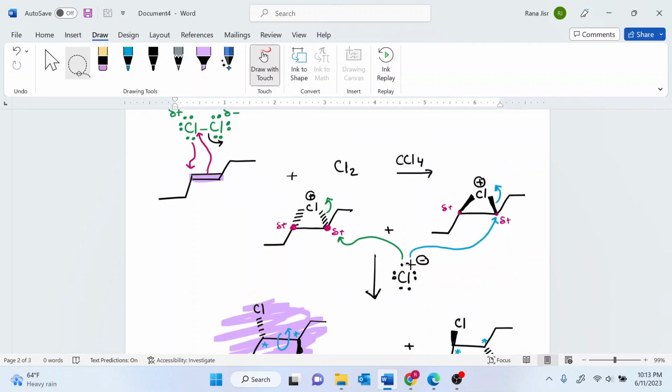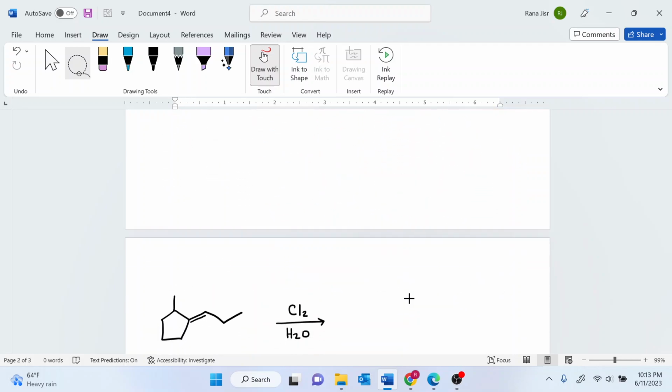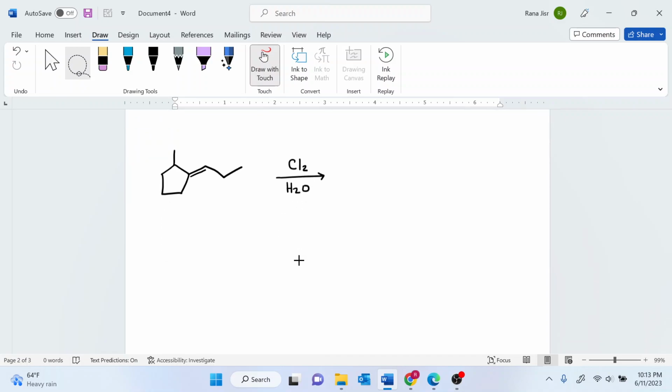That nucleophile was the result of the leaving group of the chlorine. So that nucleophile attacked the most substituted carbocation-like or partial positive carbon. So now this nucleophile, I want to change it and make it water. The reaction is going to proceed exactly the same.